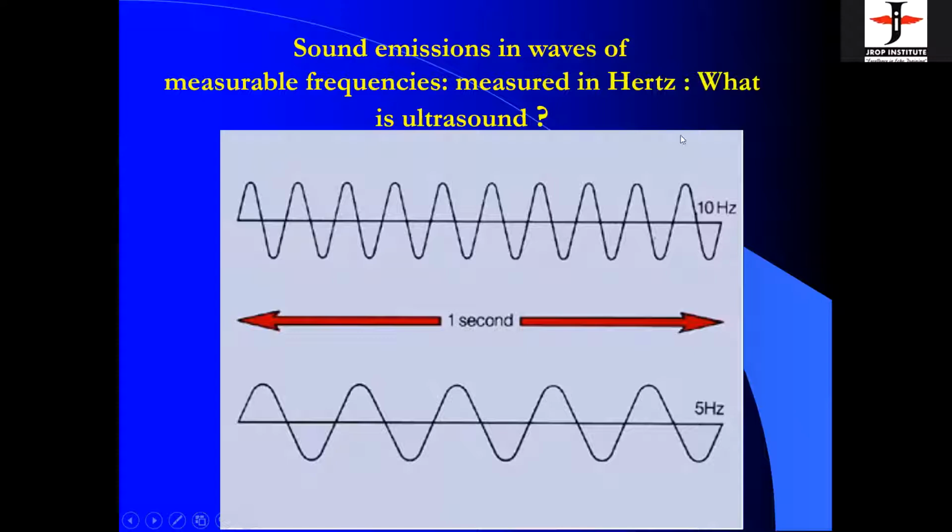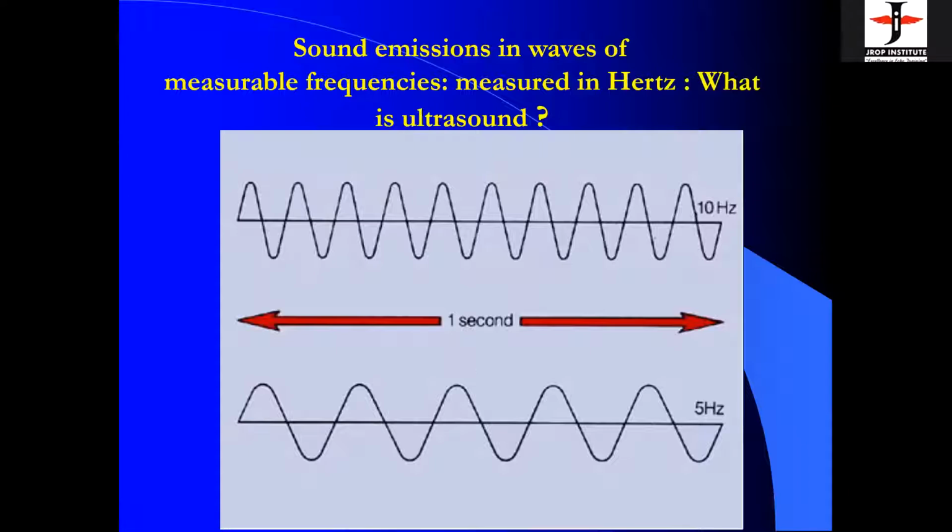So when you say 2.5 megahertz, that means 2.5 million cycles per second. This is only to tell you that one cycle is equal to 1 hertz, but it may not be important from a clinical point of view, because we'll be mainly dealing with clinical Doppler.